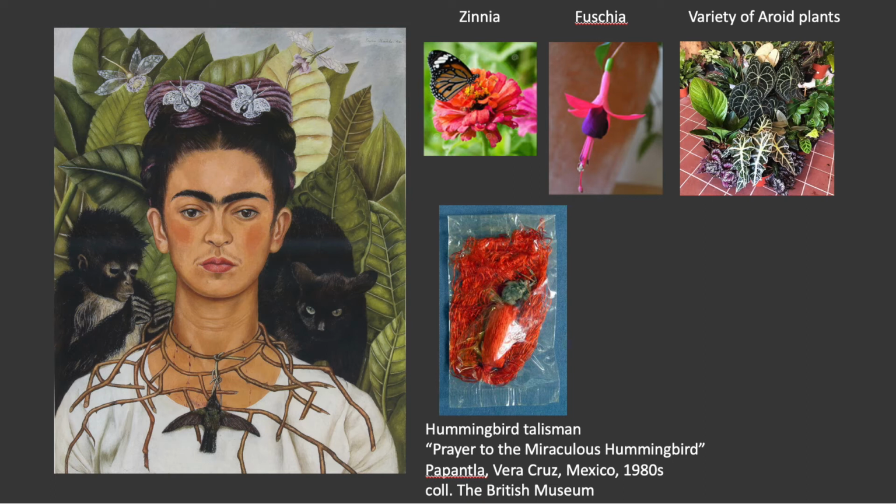And this one was collected by an anthropologist in Veracruz State, Mexico, in the town of Papantla. Apparently, this particular object housed in the British Museum is inscribed on the back, "Prayer to the Miraculous Hummingbird." And so within Mexican folk belief, hummingbirds are considered to be talismans of love.